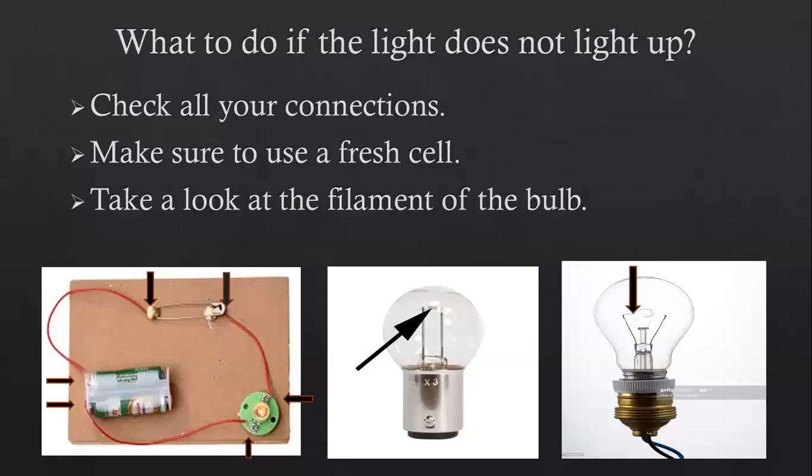And then you have to check whether your cell is a fresh one. If your cell is flat, you will have no electricity to flow through the circuit. Then finally, you have to take a look at the filament of the bulb. If the filament is broken, once again, it makes an incomplete circuit, so it will not work.